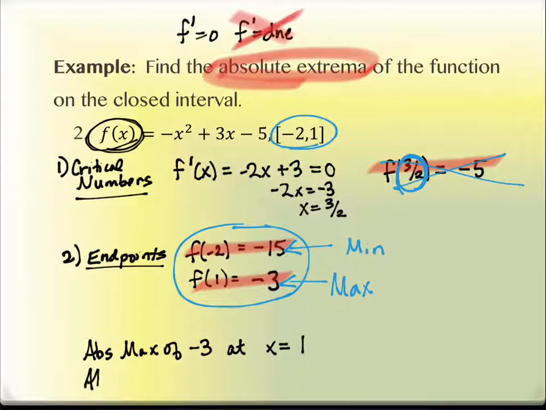And we have an absolute min of negative 15 at x equals negative 2. Okay, so the maximum and the minimum values are the y values. The location where they are occurring is the x values. Is that okay for everybody so far?